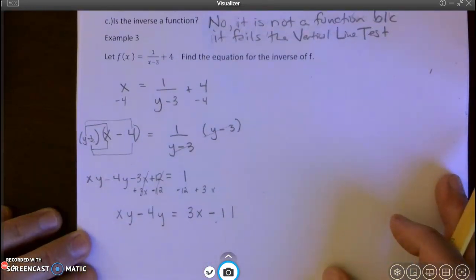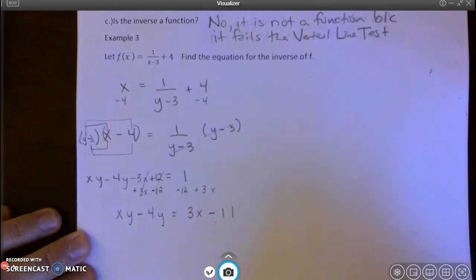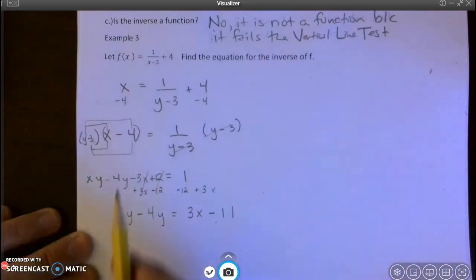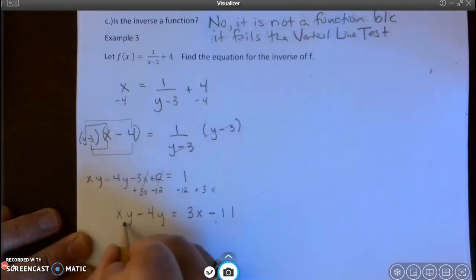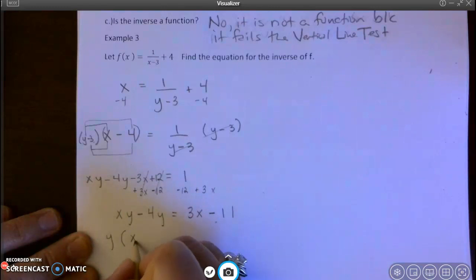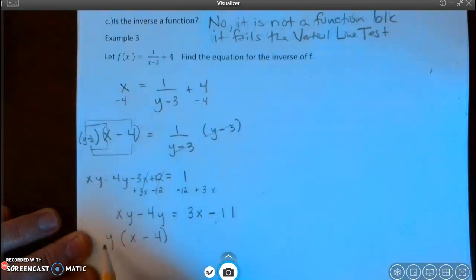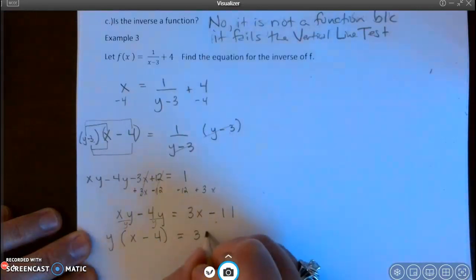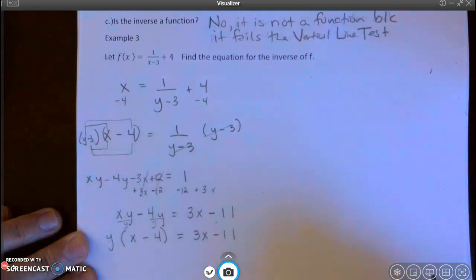Now I'm still trying to solve for y. I need to get y alone, so I'm going to pull y out of both of these terms. Since both terms have a y in them, I'm factoring it out and I'm left with x minus 4. If I multiplied it back, it would be x times y, negative 4y, and I still have 3x minus 11 on the right.